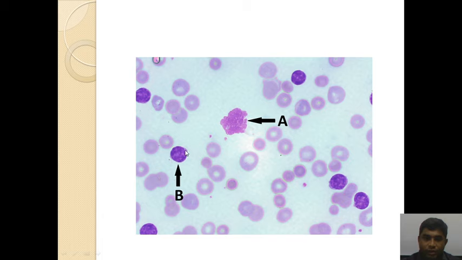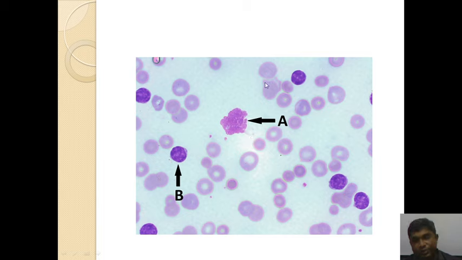The cytoplasm is very scanty and agranular, and in the nucleus there are alternating dark and white patterns, what we call a soccer ball chromatin. And this is a cell which basically has lost its cytoplasm and looks like a degenerated one. So this is what we call a smudge cell, which is commonly seen in the case of CLL.